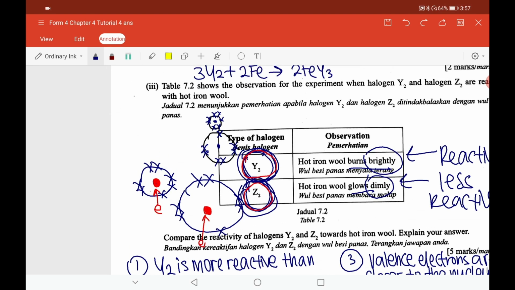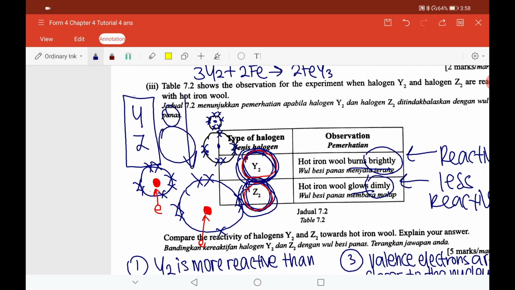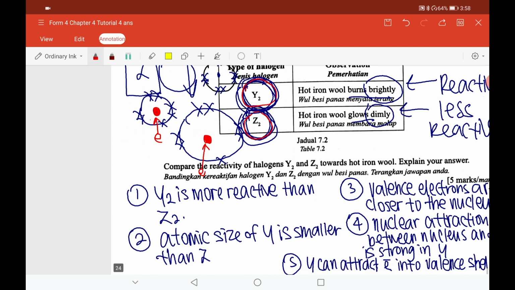You arrange group 17. Going up is more reactive, going down is less reactive. Element Y is higher than element Z, and going down the size becomes bigger, so atom Y is smaller than atom Z.